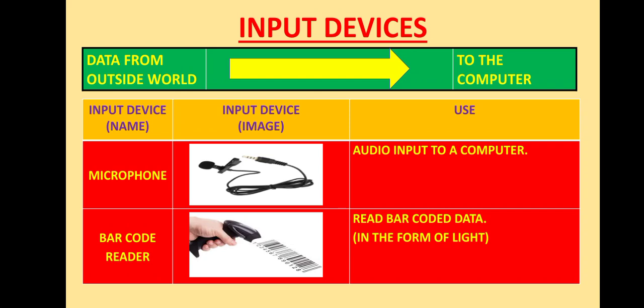Barcode reader. Barcode reader is a device which is used to read barcoded data. Barcoded data means the data in the form of light. You must have seen this type of device in different shops where a barcode can be scanned and the information about that product goes directly inside the computer.